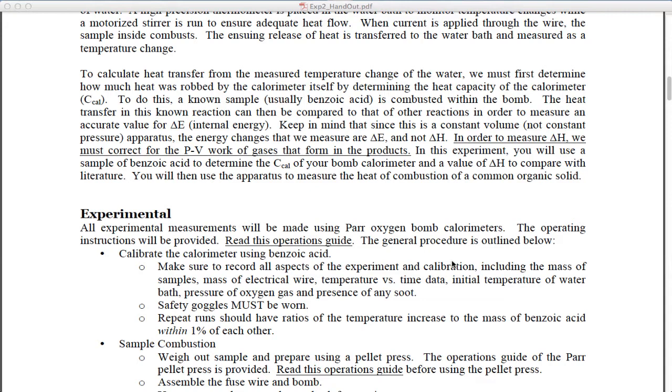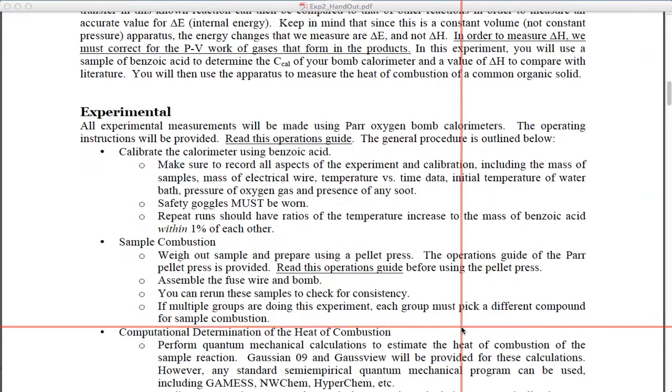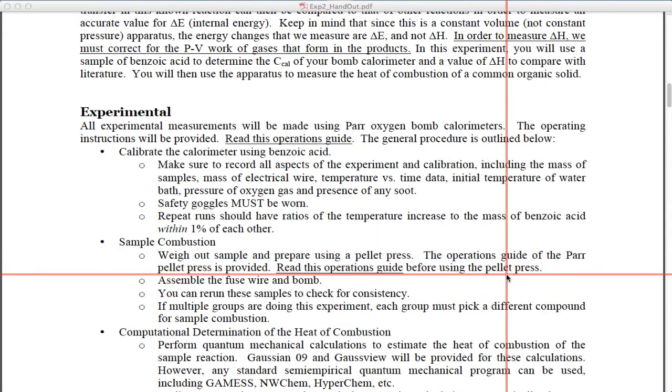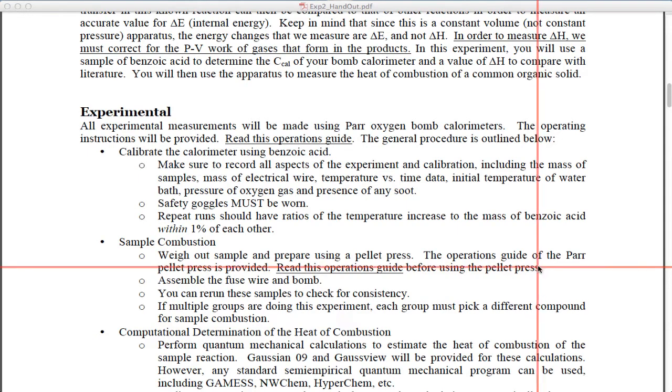You calibrate the calorimeter using benzoic acid, which has a very well known heat of combustion, and from that you can calibrate your calorimeter and then run your naphthalene and any other unknown samples that you have through the bomb so that you can use that to determine the heat of combustion and then onto the heat of formation.